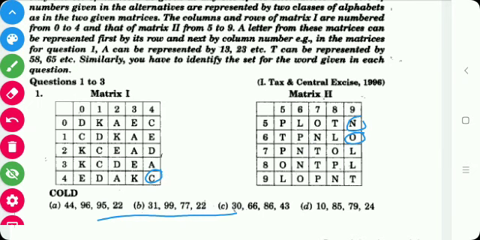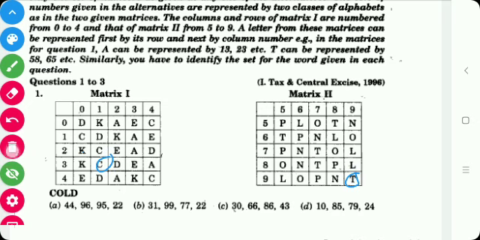Next is 3 1 C, right? 9 9 T. So here again it is wrong.